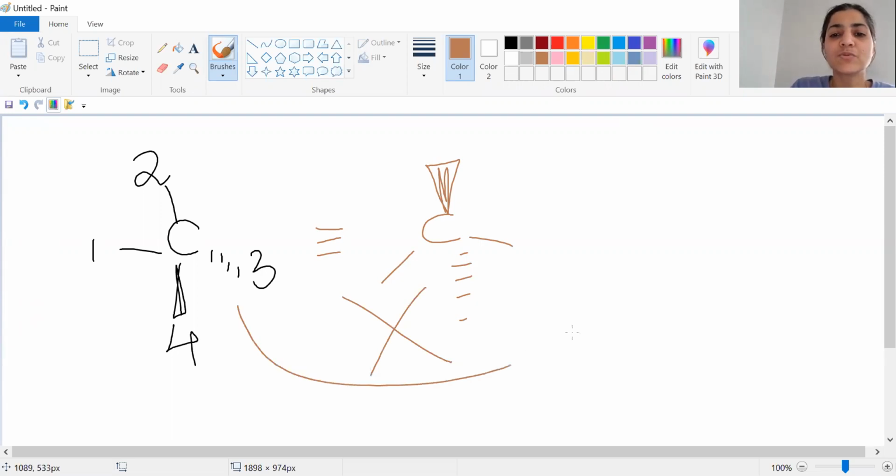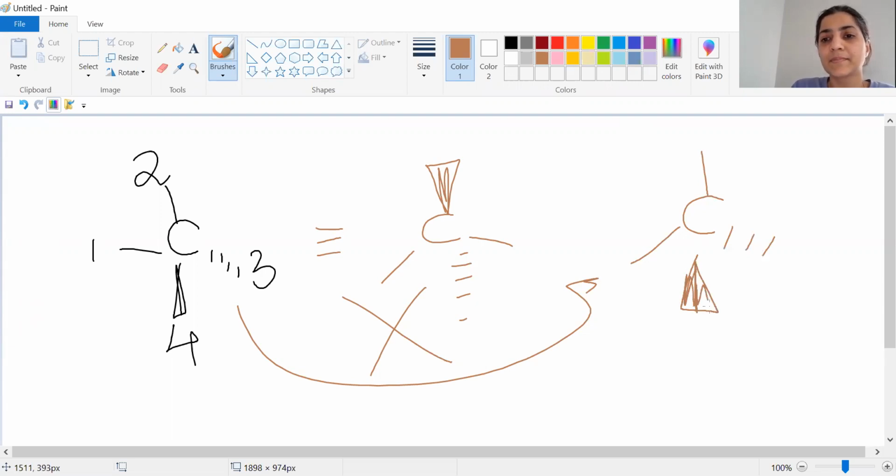I have to make sure that the orientation stays the same. This is what I mean. So you keep the orientations the same, and then you start to switch your atoms.